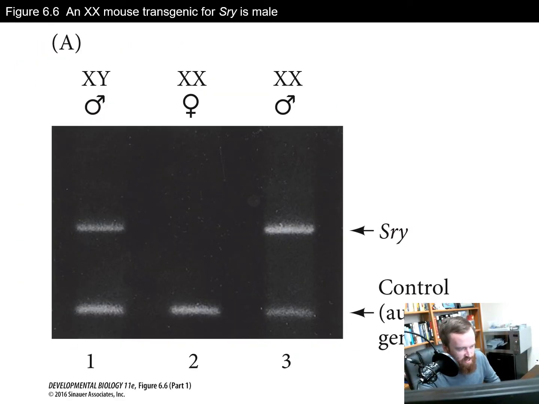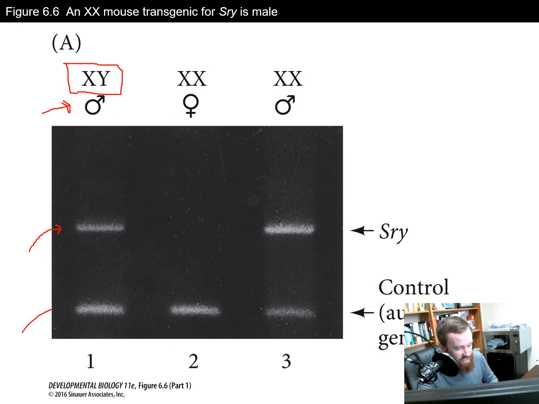So how do we know that SRY plays this important role in developing testes and ovaries? Well, in normal males, XY individuals, we have the development of male genitalia, which we can physically see. And if we look at the expression of SRY on a gel, we see that SRY is present.